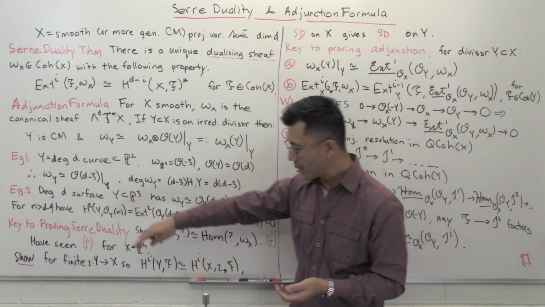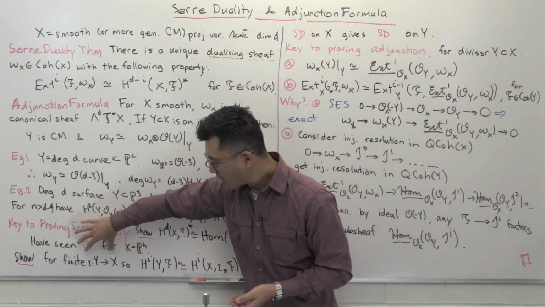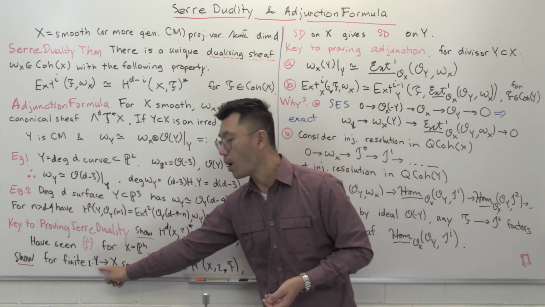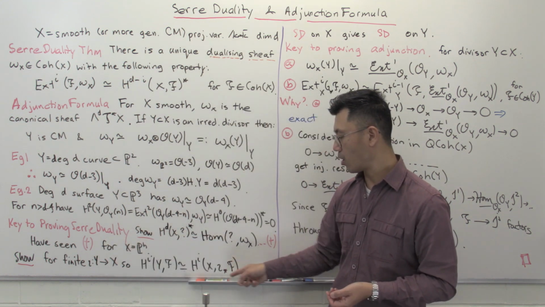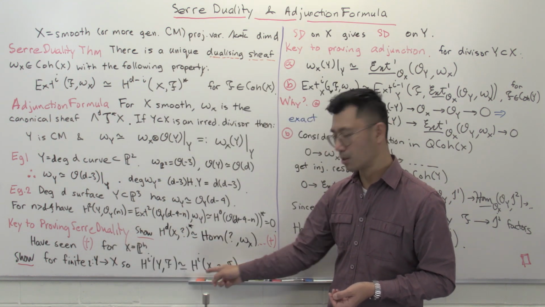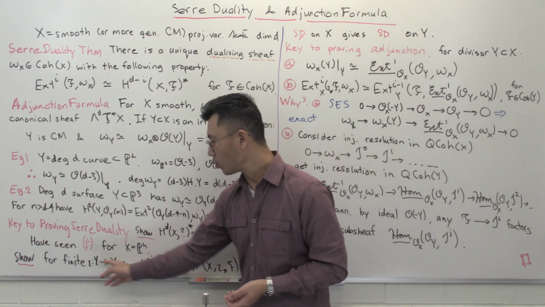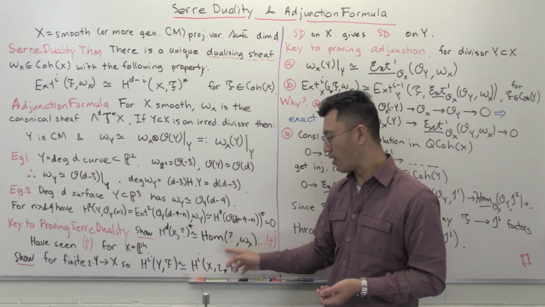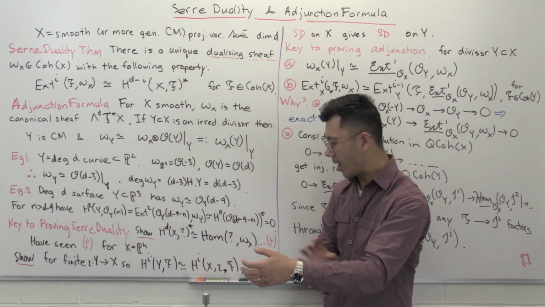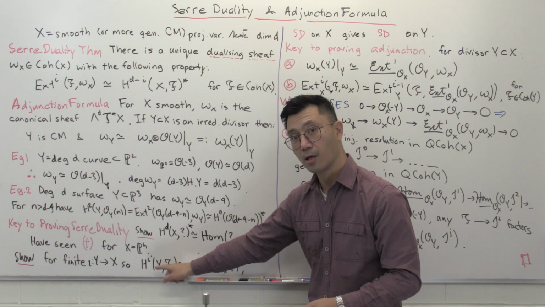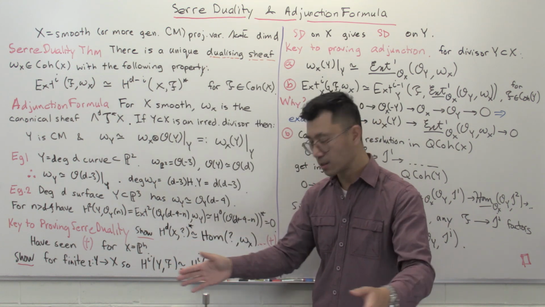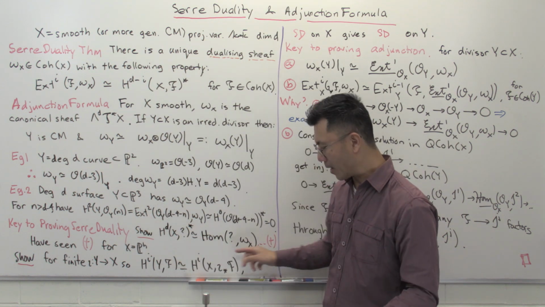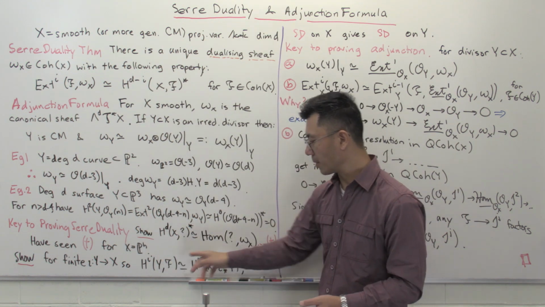The first thing to note is that in the case of this finite map, if you have a coherent sheaf on Y, you can push it forward to a coherent sheaf on X. If this is actually an embedding, which will be the key case to look at, this is essentially the same sheaf, but it's just supported on that Y. So off Y, in the open set X minus Y, it is going to be 0, and on Y it's going to be given by that F.